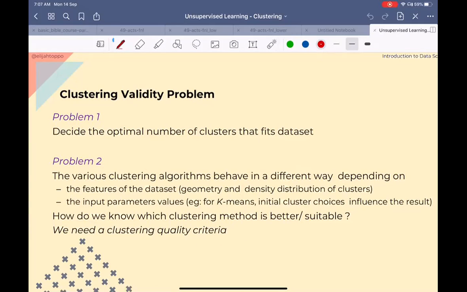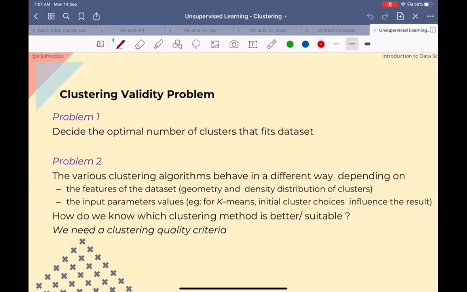Like for k-means, we can choose how many clusters we want, or for agglomerative, we can choose the linkage between the two. Are we going for complete linkage, single linkage, Ward linkage, and so on? Depending upon these, we may end up with different clusters, and which clustering is good or bad is difficult to tell. So how do we know which clustering method is better or suitable?